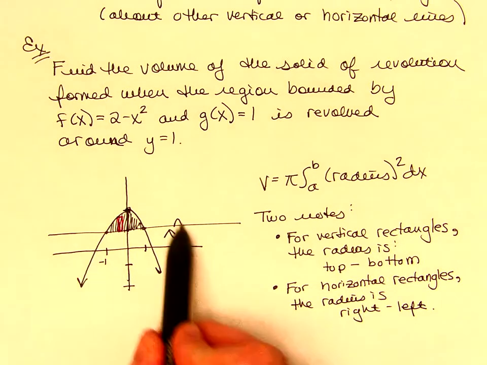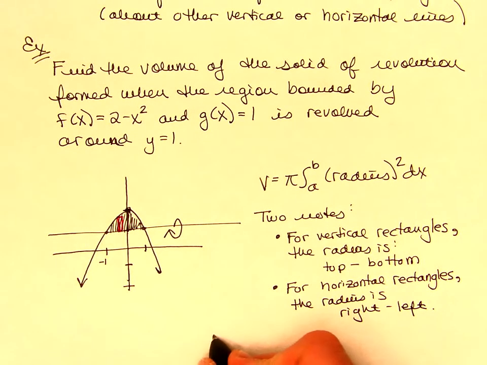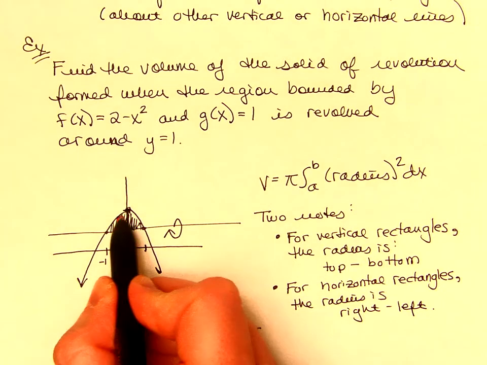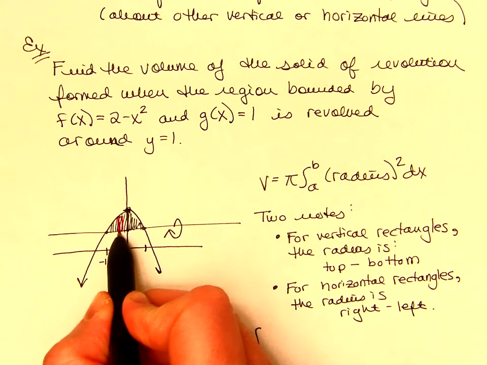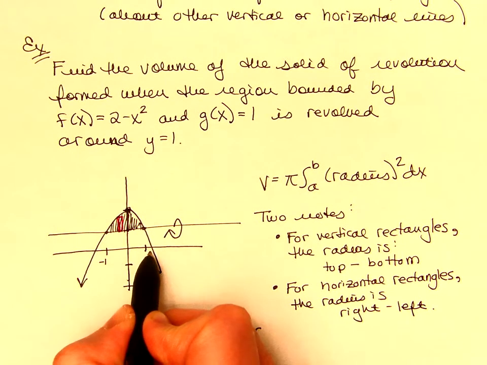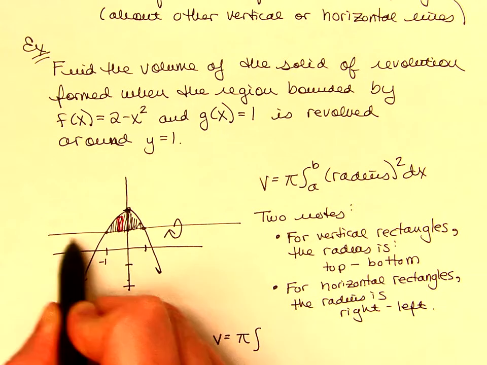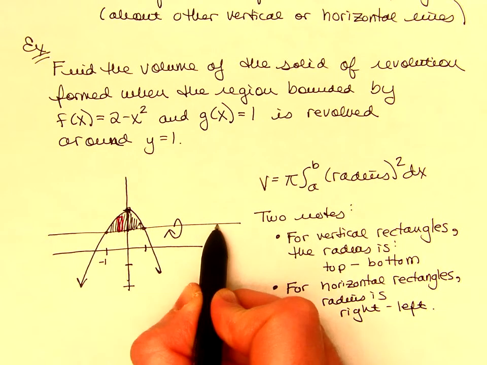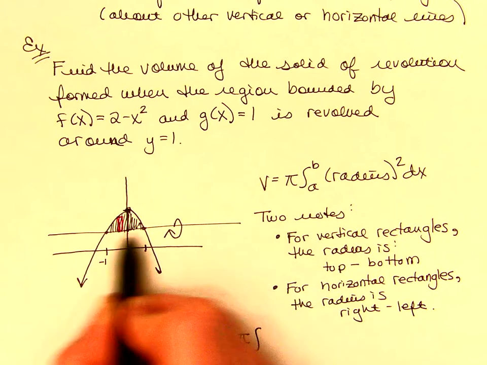Going back to the specific problem I was looking at, my volume is going to be pi times the integral. My radius, the height of this representative rectangle, is the top function, my parabola, or f of x, minus the bottom function, my horizontal line, g of x, or 1.